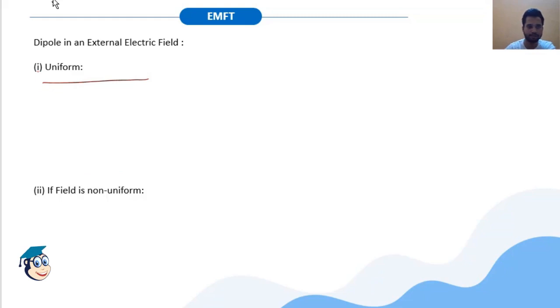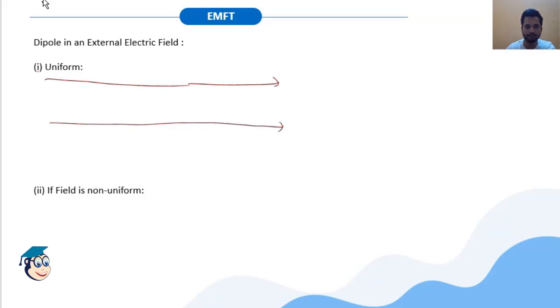Let me redraw this. Okay, so this is an electric field line, this is another electric field line, and this is another electric field line. This is the direction of the electric field. You have put a dipole something like this.